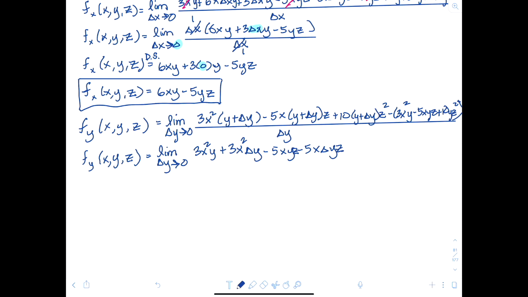And then we will have plus 10yz squared plus 10 delta y z squared minus 3x squared y plus 5xyz, and then, sorry, it's so scrunched, we'll have plus 10yz squared all over delta y.